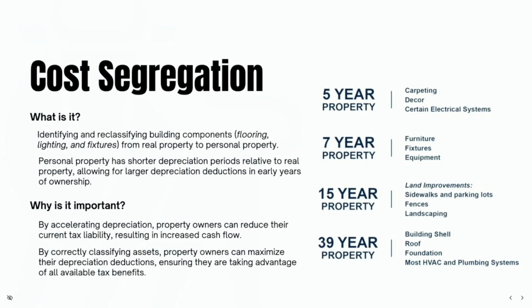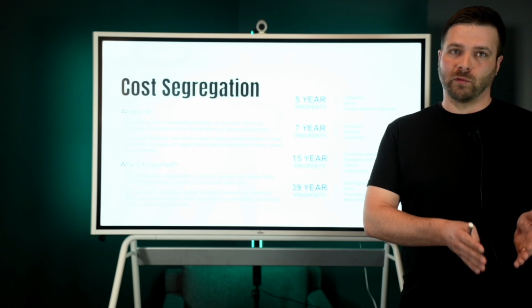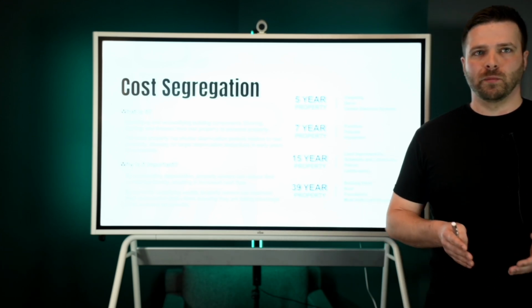If we do the work of having a cost segregation study done, we're able to allocate the individual components of the asset out. You think of things like carpeting, furniture, fixtures, sidewalks, other improvements that are depreciated over a much shorter time period, which allows us to take depreciation expense earlier on in the deal, lowering our tax liability earlier on in the deal for our investors. Why is that important?